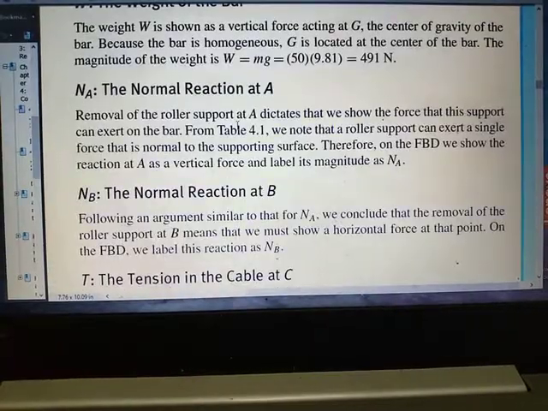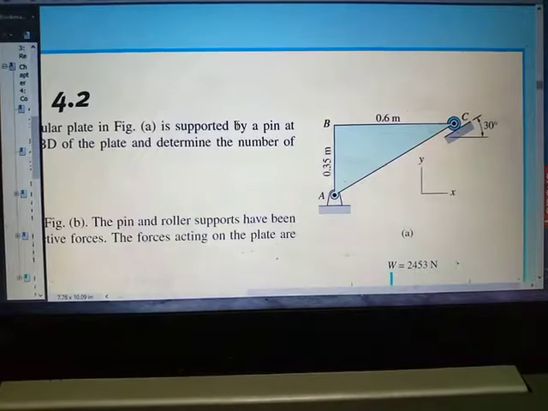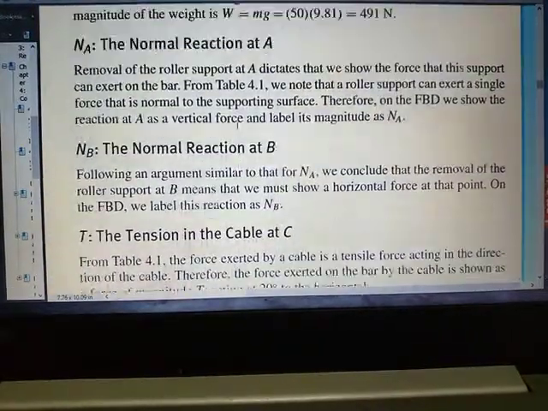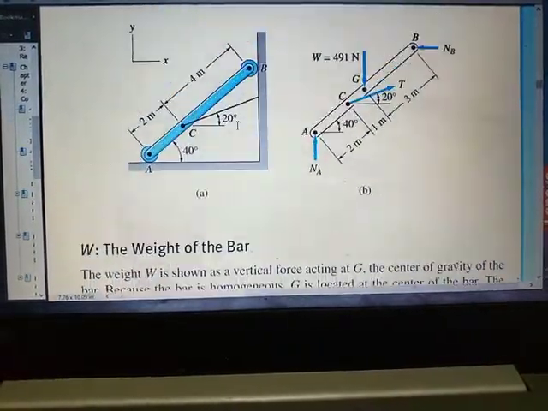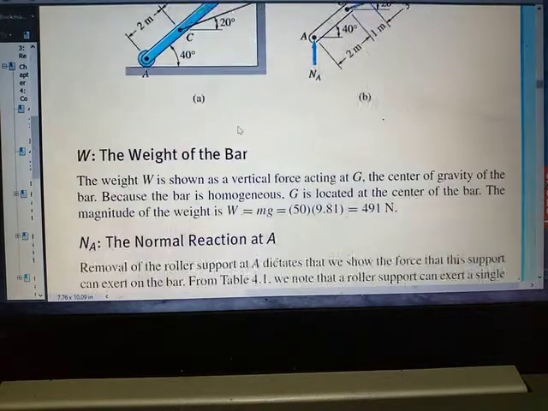Yan yung kay roller. Okay, so yan yung pagbuo natin ng free body diagram. So, free body diagram pa yan. So, hindi pa natin i-discuss kung paano i-solve yung problem.